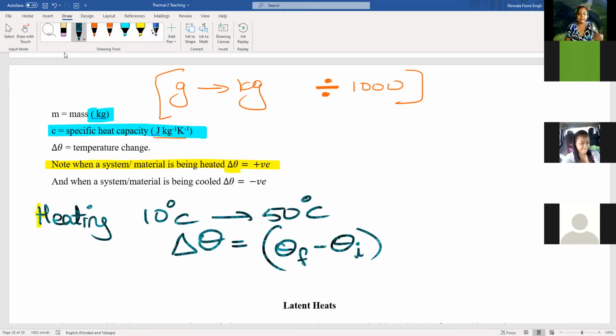When something is being heated up, our delta theta will be a positive number. Delta theta is theta final minus theta initial. Initial is your first, F is your final. In this case, it will be 50 minus 10, which gives you a positive 40.